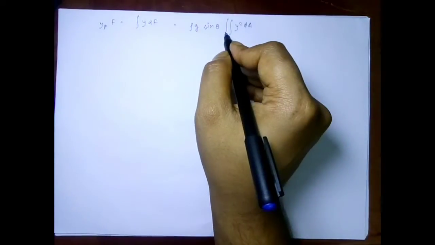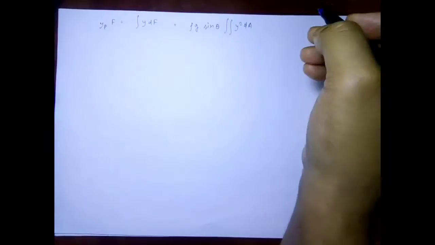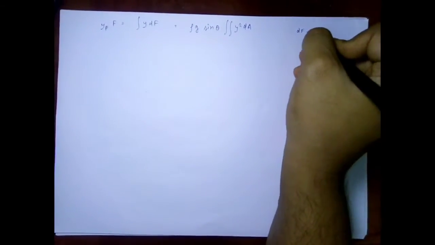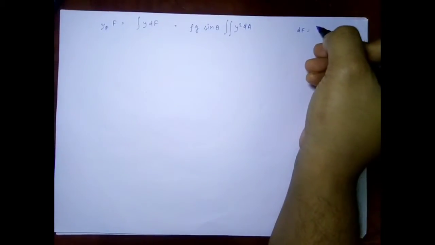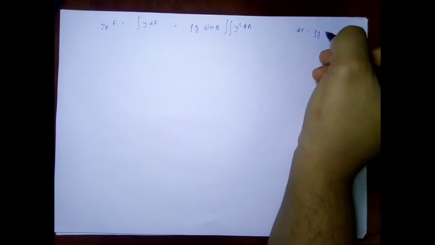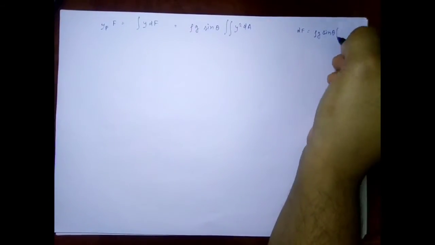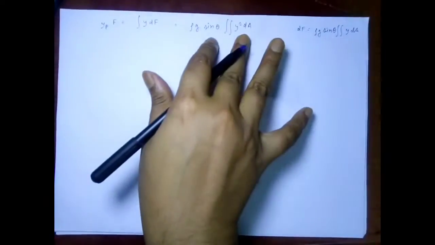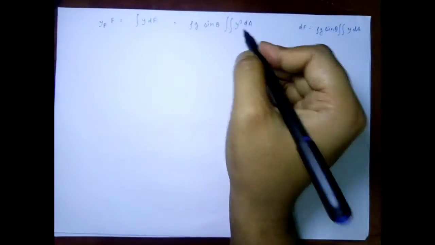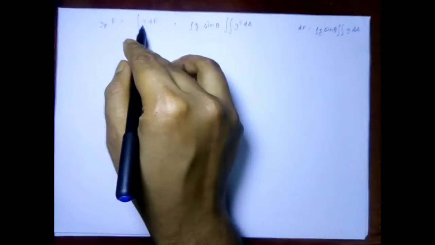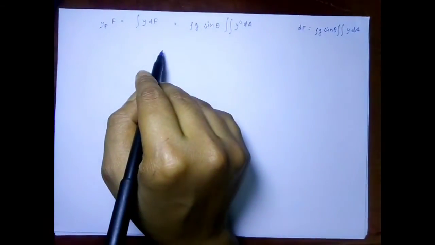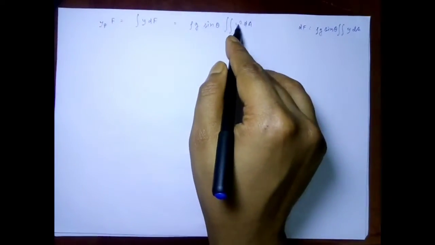So I am replacing small dF as rho g sin theta integral of y dA, and therefore it will be coming up like this, and thus because of the presence of another y we will have y square over here.